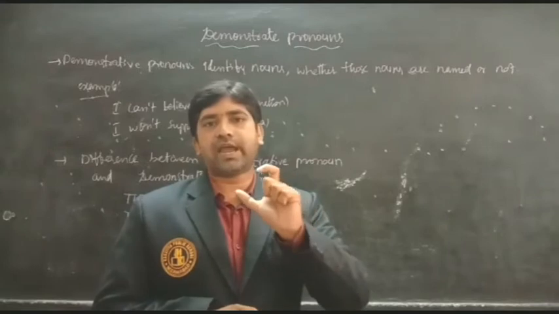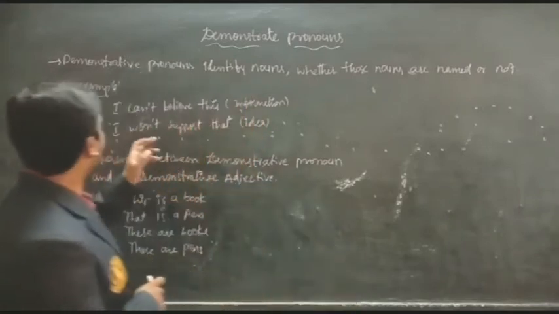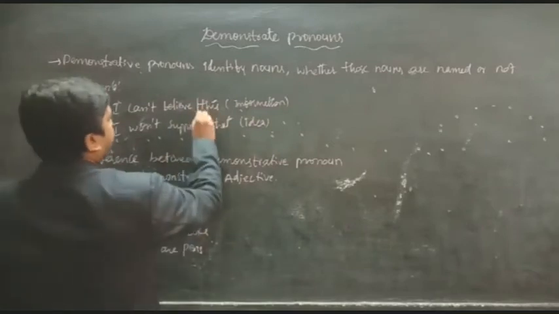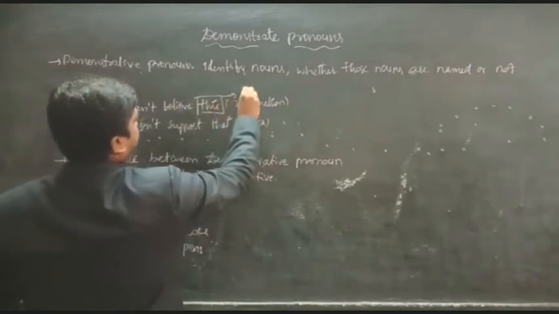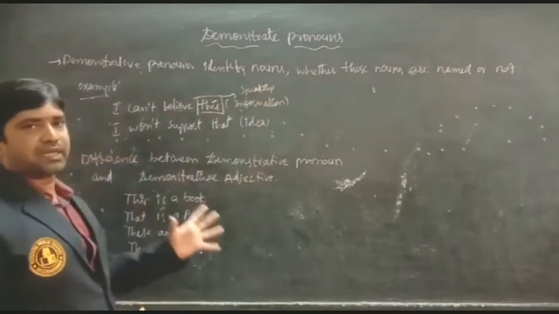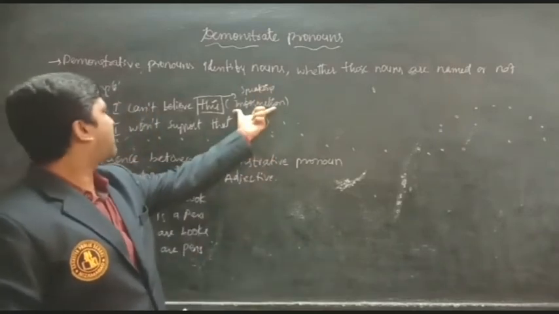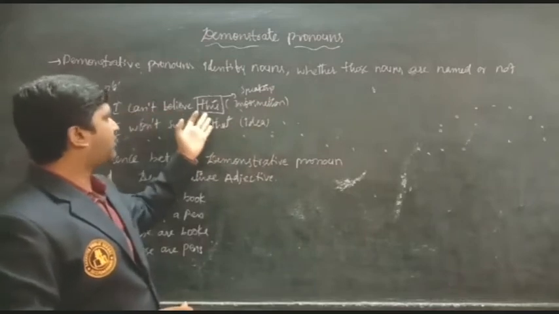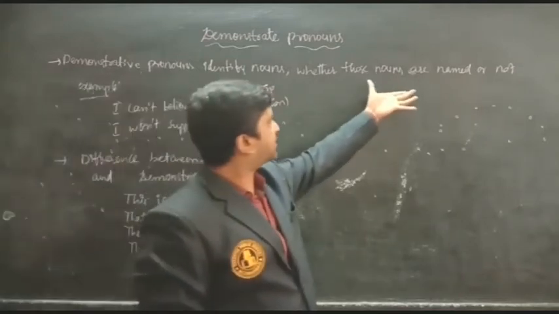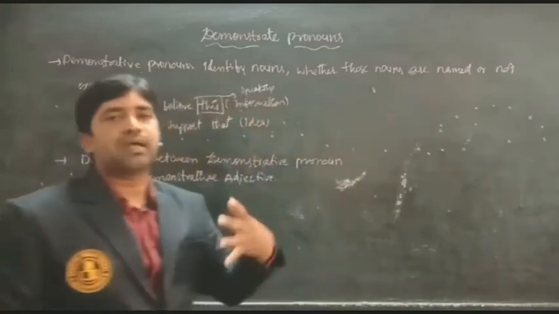Here it generally identifies. See the example, I can't believe this. Here, this is speaking about something, maybe information. I can't believe this information. It is specifying the noun.